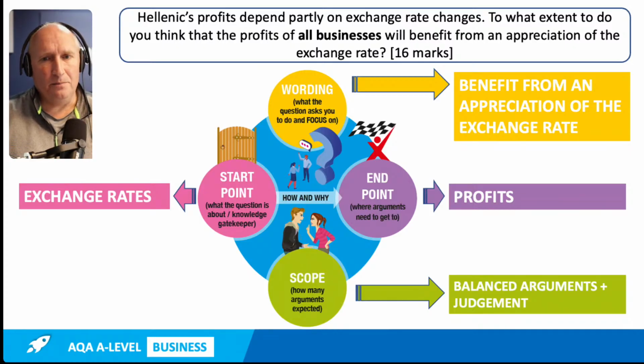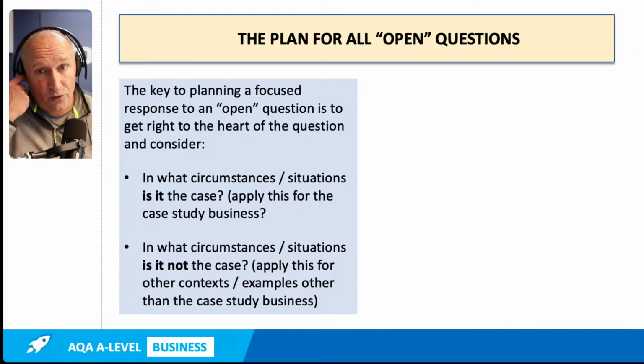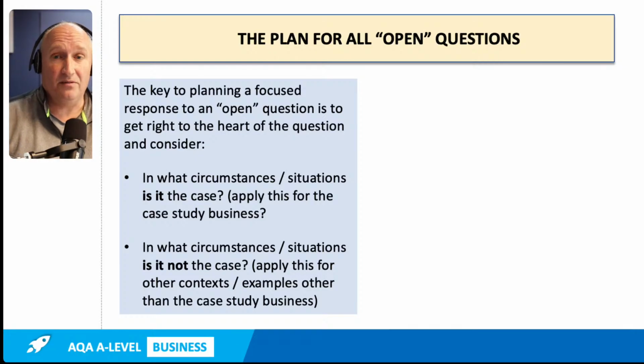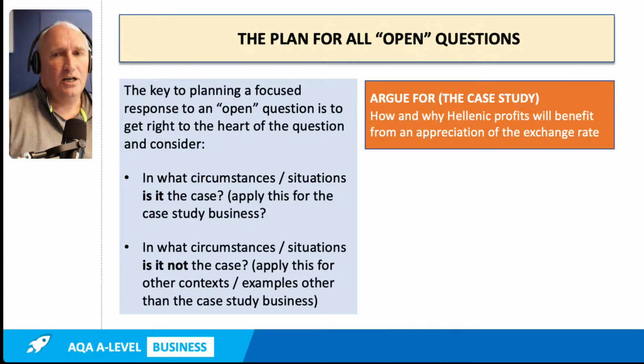Okay, so what do we think? How would we unpick this question? Well, with all of these 16 markers, the same plan works. If you stick to this plan, it's going to give you some comfort in the exam because you know that you're going to be focused on the question. So with this one, we take the case study first. It's an open question, so we would argue why Hellenic, in this case, their profits would benefit from an appreciation of the exchange rate.